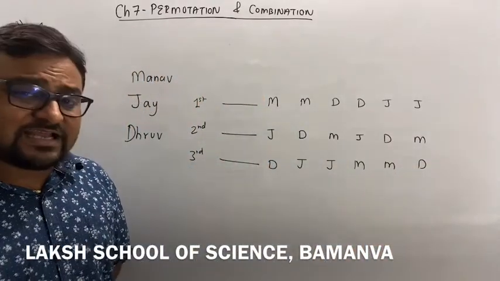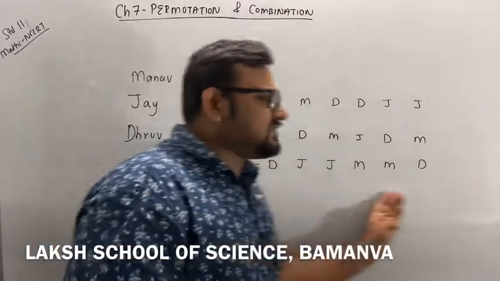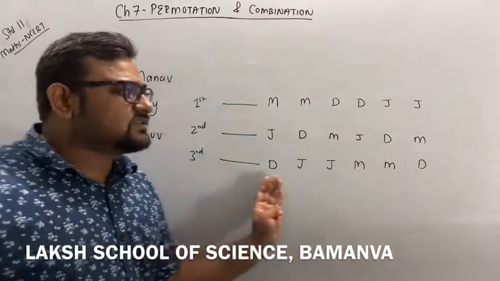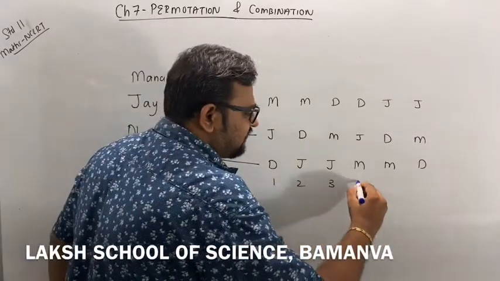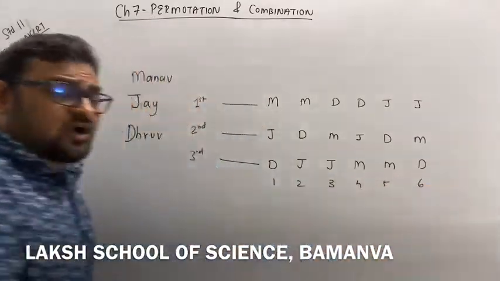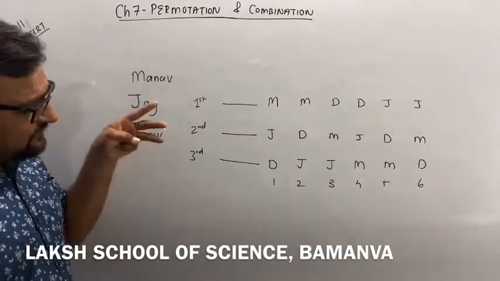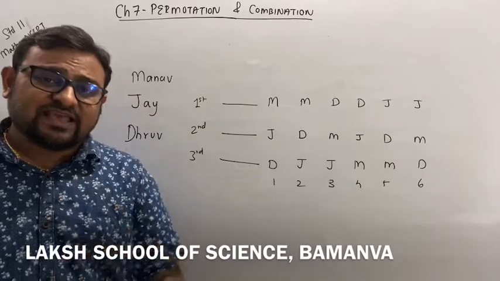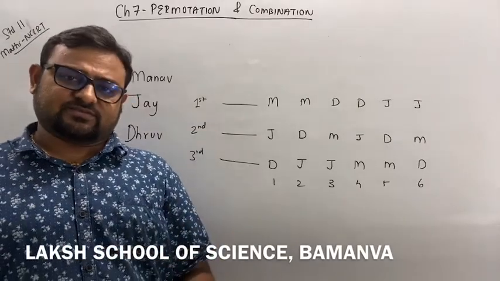Is there anything remaining? No. These are the six different ways, maximum six ways. One, two, three, four, five, six. So I can arrange these three students in these three benches in six different ways.